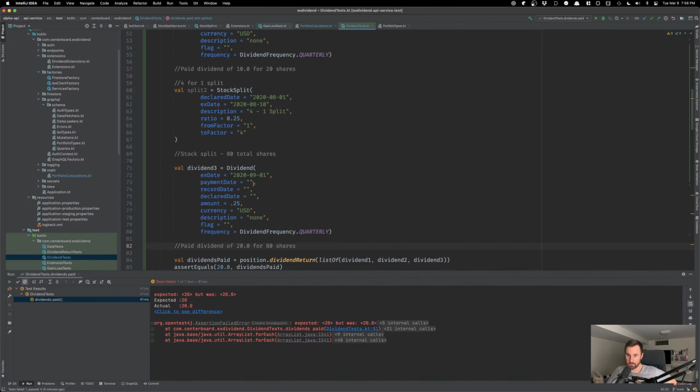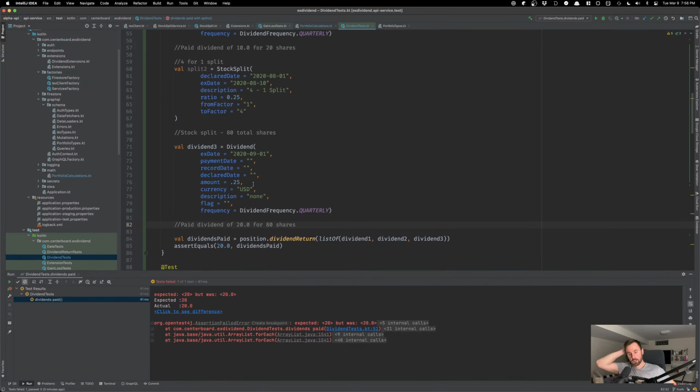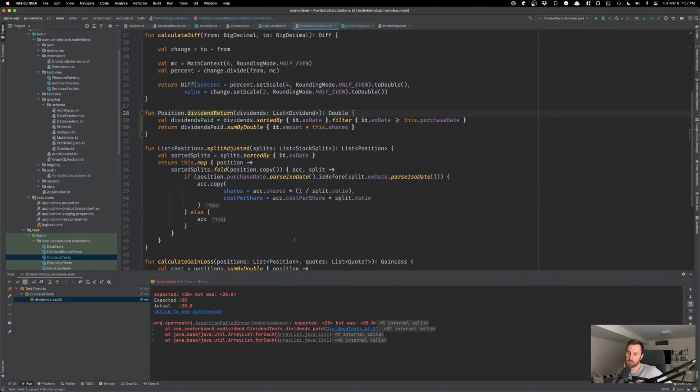And then, yeah, 4 for 1. Okay. So we have to calculate this at each point along the way. So the question is, we could update this function to be aware of stock splits.